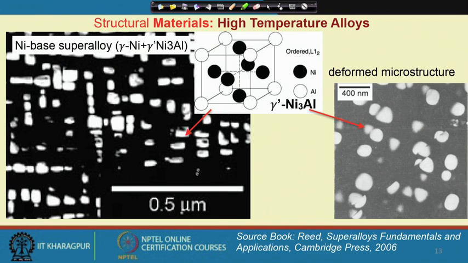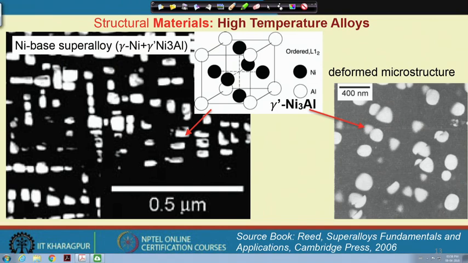I show you here the microstructure of such a nickel based superalloy, where gamma nickel is this phase and the white colored phase is the Ni3Al precipitate, which is an ordered intermetallic, and at very high temperature it assists in dislocation passing.